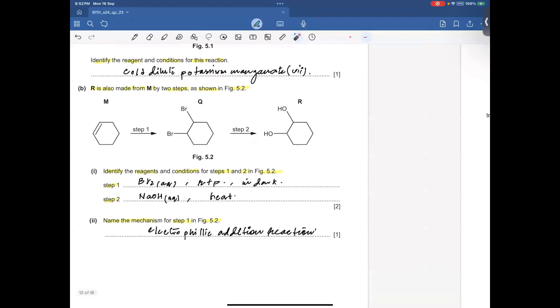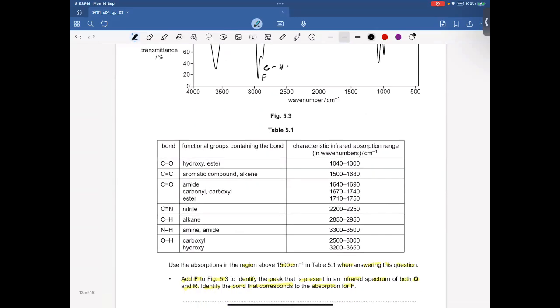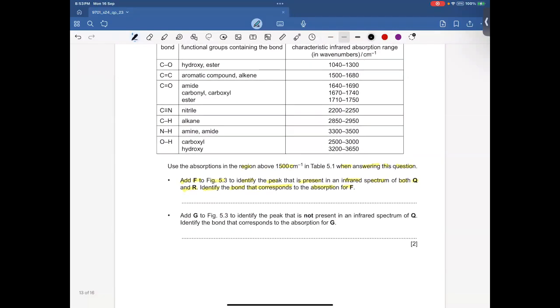So this peak is going to be F, because this peak represents CH, and CH exists in both Q and R. So CH is 2850 to 2950 centimeter inverse.